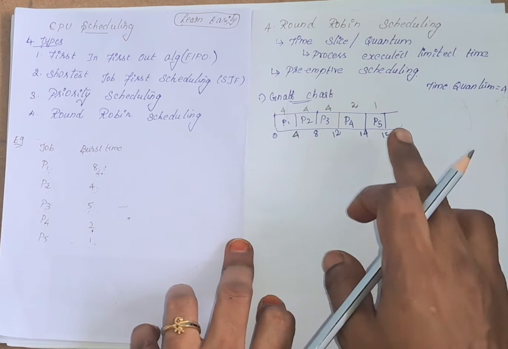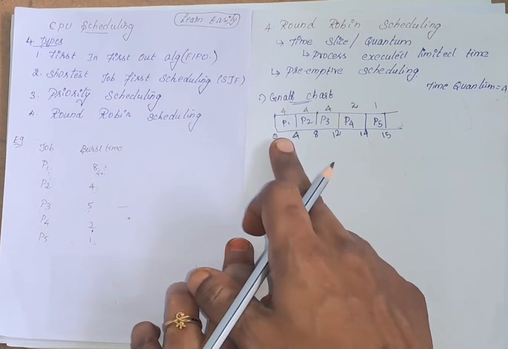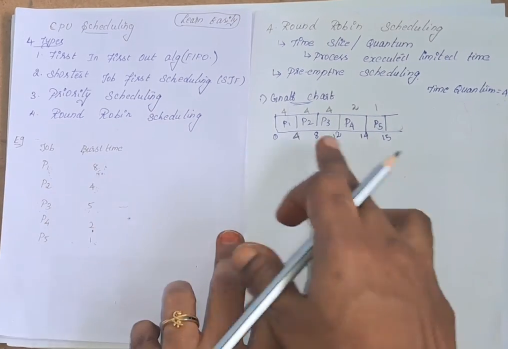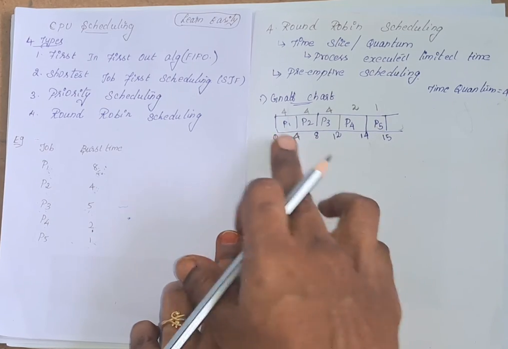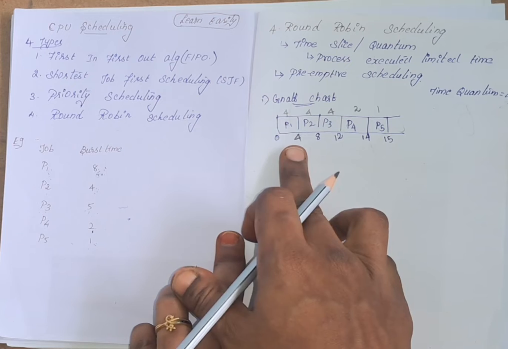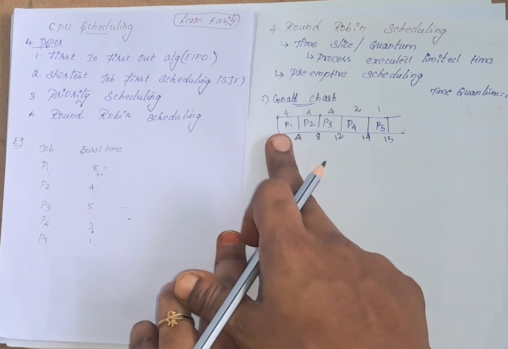Next, we have to check whether all the processes are completed or not. P1 requires 8 and here 4 is allocated. So P1 is still in the waiting stage for completion. It has not yet completed.